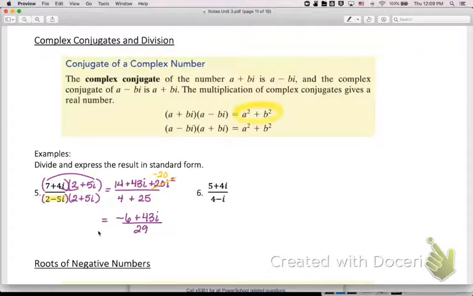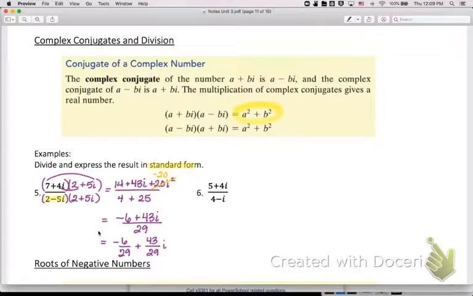Now, this would be an acceptable answer unless we are looking for the answer in standard form, which typically we are, okay? If it is in standard form, we need to split it apart so that it has the real part and the imaginary part. So that would mean we need to write this as negative 6 over 29 plus 43 over 29i.